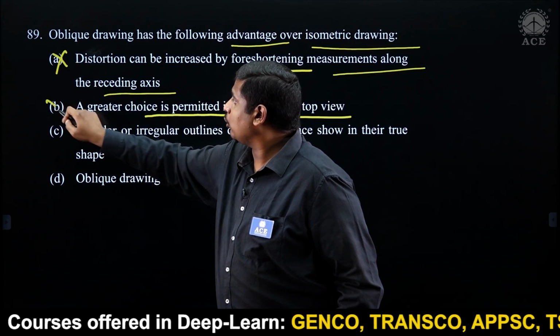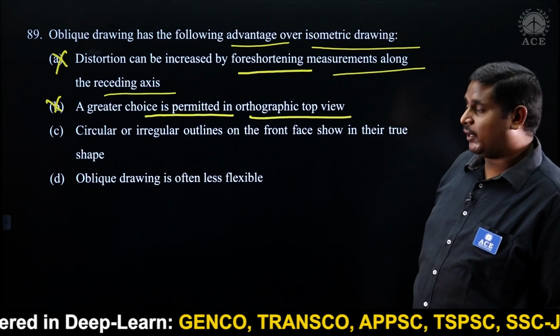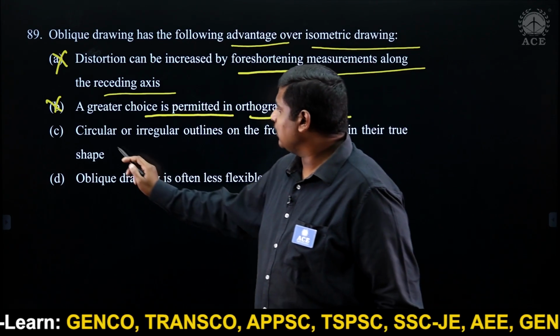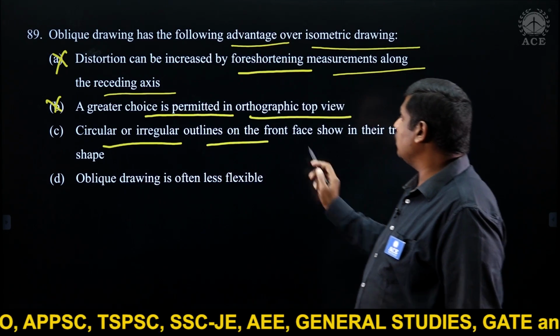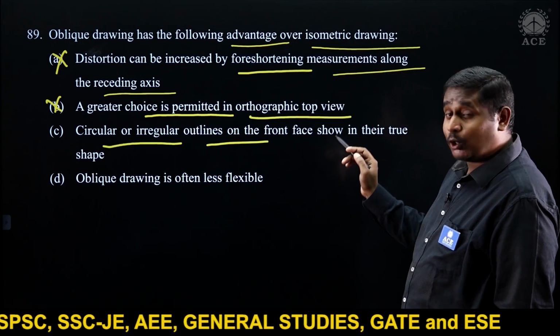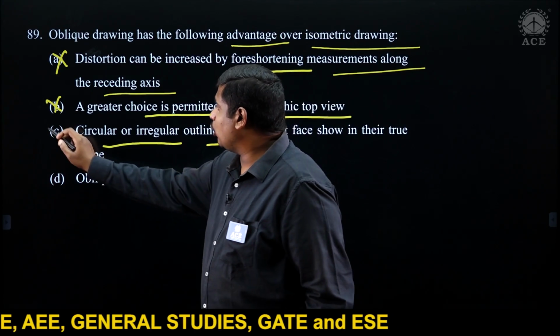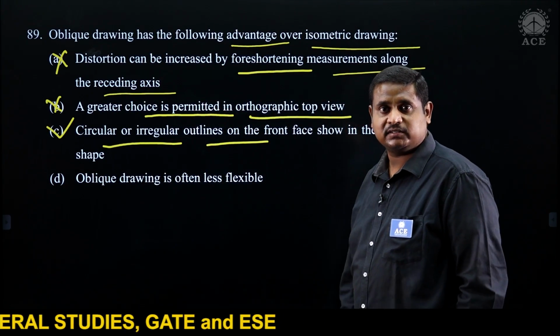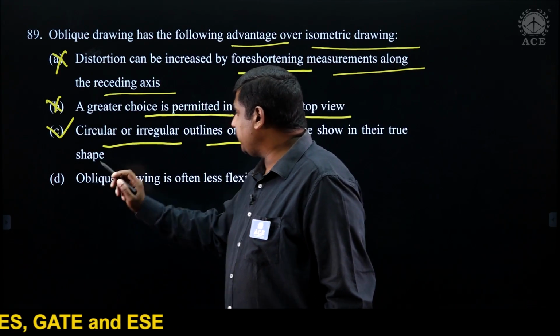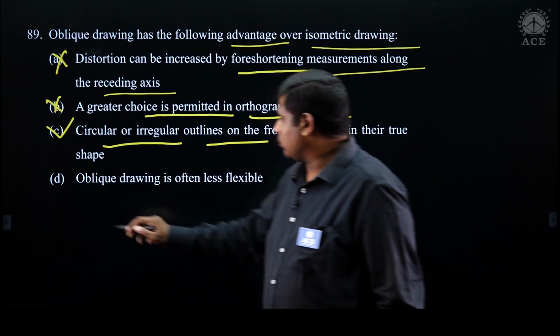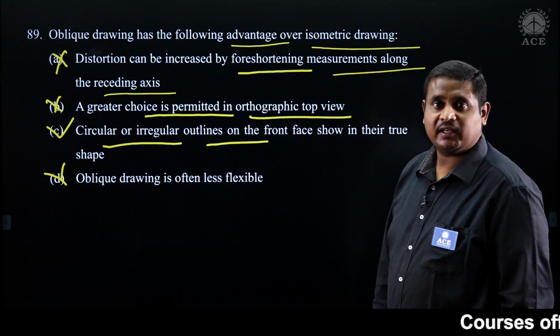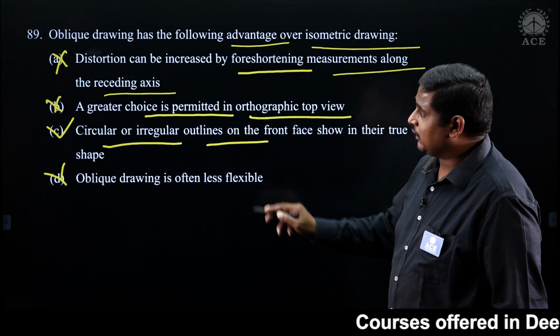Option A is not valid. Option B is also not valid, my dears. And let us see option C. Circular or irregular outlines on the front face show the true shape. Yes, exactly. Option C is the right answer, my dears. And option D, oblique drawing is often less flexible. So therefore, option D is invalid. Now, why is option C right?